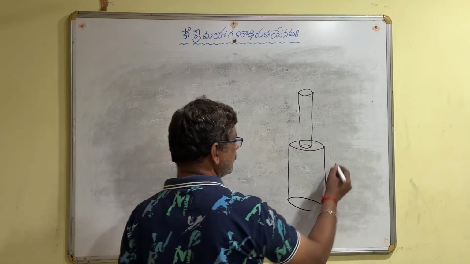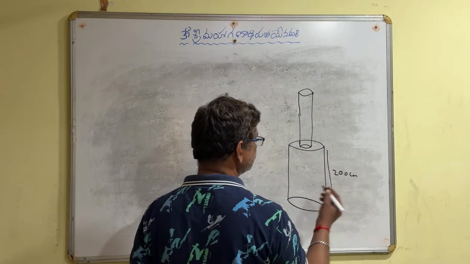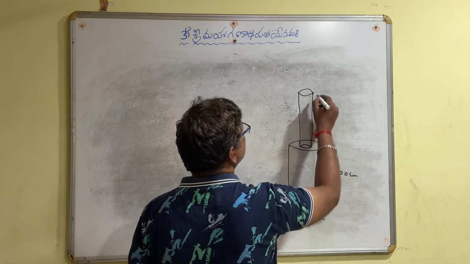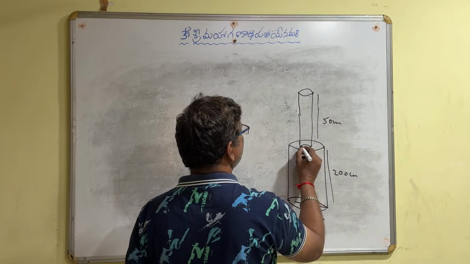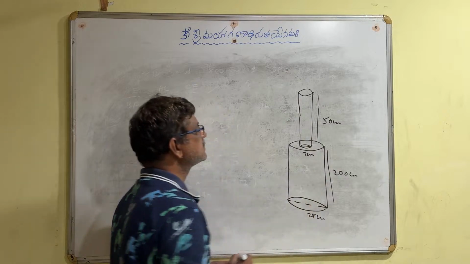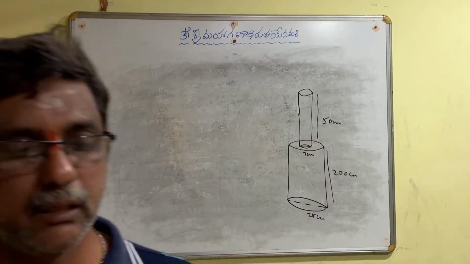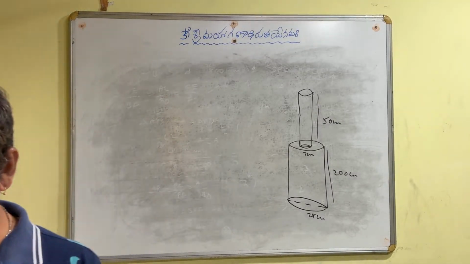First cylinder height is 200 centimeters and the diameter is 28 centimeters. Second cylinder height is 50 centimeters and the diameter is 7 centimeters. We need to find out the mass of this pole. Is that understood, children?